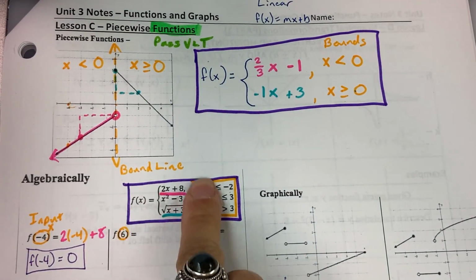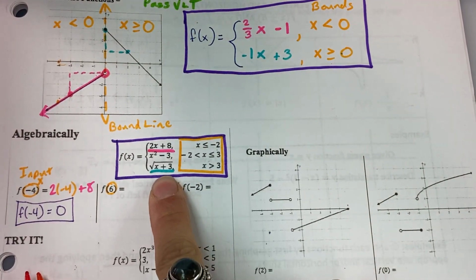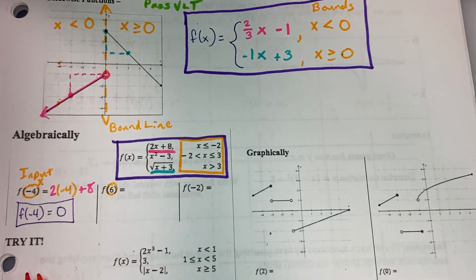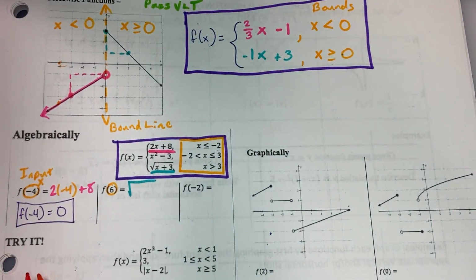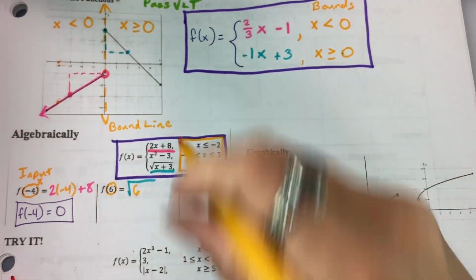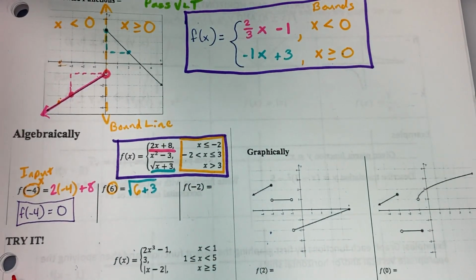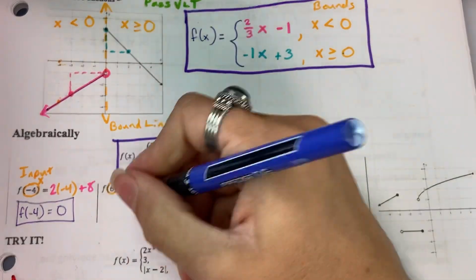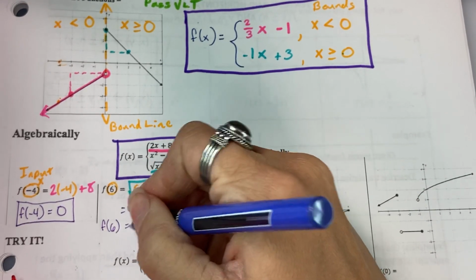So again, folks, these are all the same function, but described by different pieces. So plugging in 6 to that bottom function, we'll get the square root of my x value, which is 6, plus 3. That gives me the square root of 9. So f of 6 equals 3.